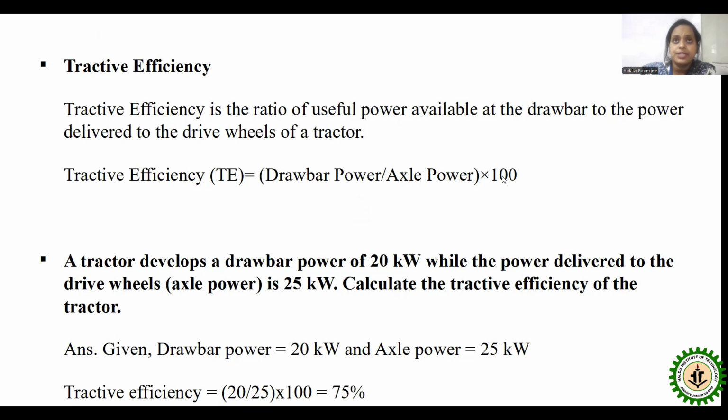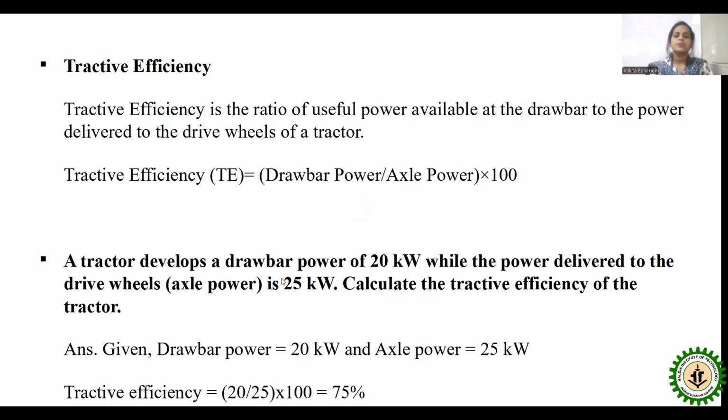Okay, if we face a lot of wheel slip, our tractive efficiency will be reduced, because if the axle or the wheel is facing more slip, more spinning but not moving forward on the ground, it means power is not properly transferred to the drawbar, so drawbar power will be reduced, so overall tractive efficiency will get reduced, right?